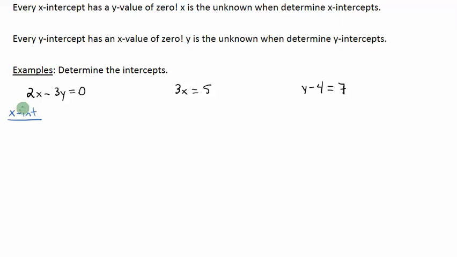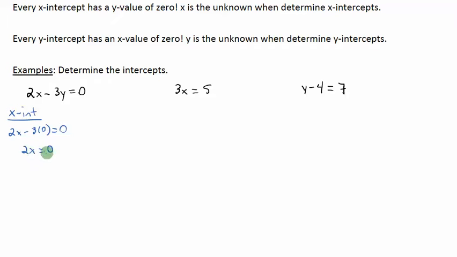If I want to know the x-intercept, that means I'm searching for x. That means I must know y, and I know that y is 0. So I plug 0 in for y to the equation. And then I can solve for x. So 3 times 0 is 0, so the left side is just 2x minus 0, which is, of course, 2x.